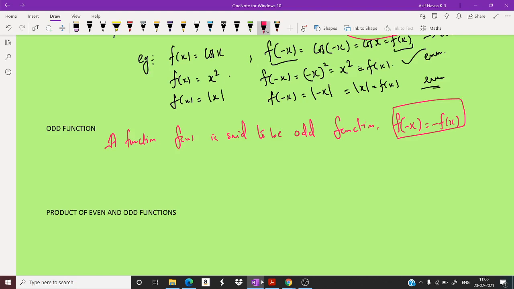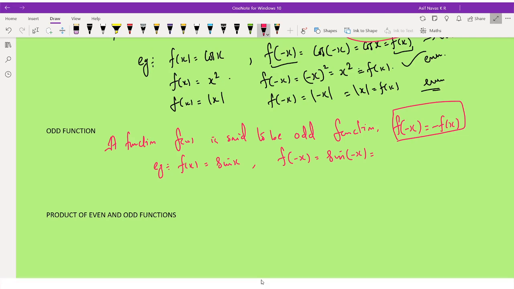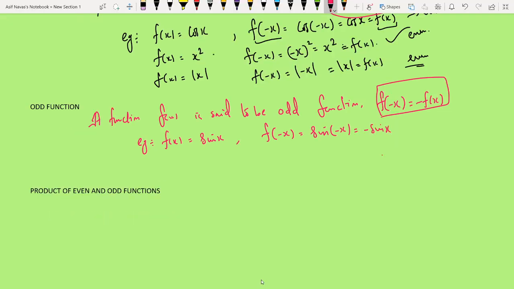For example, f of x equal to sin x. Then if we take f of minus x, this is sin of minus x. What is sin of minus x? Minus sin x. So this is equal to minus f of x. Therefore, f of minus x is equal to minus f of x.